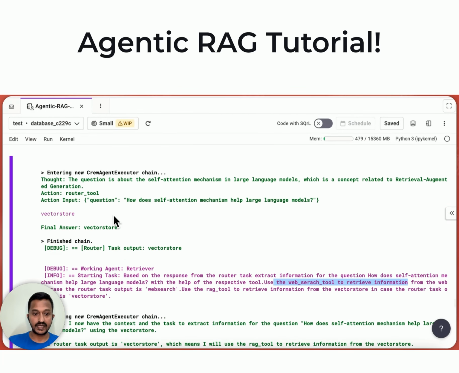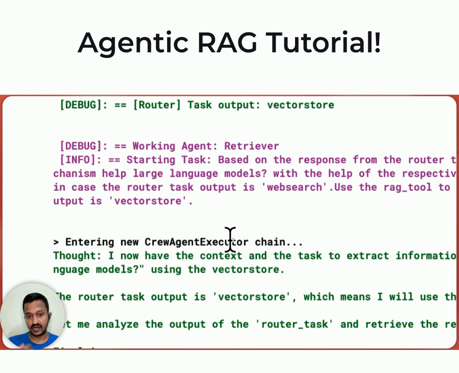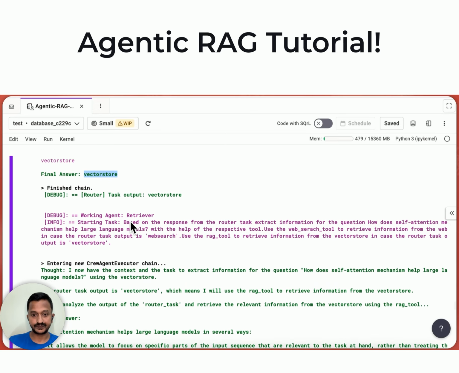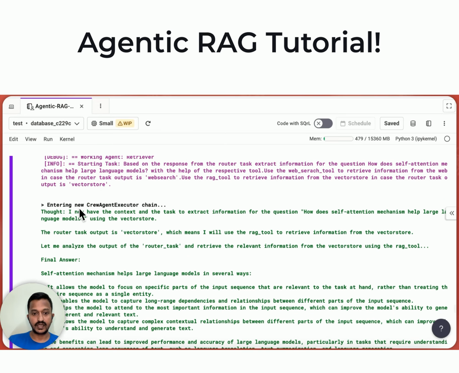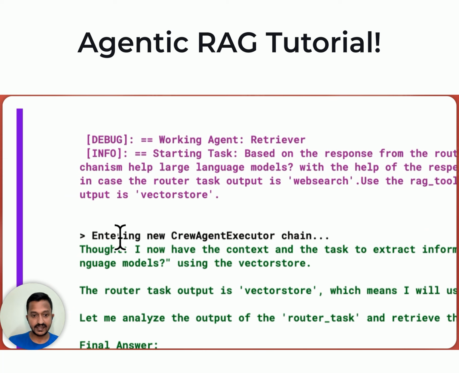But our output is actually vector search, vector store. So that means our answer response is actually present in our vector store. So it says that the output is actually vector store. Let's enter and see the next thing, right?